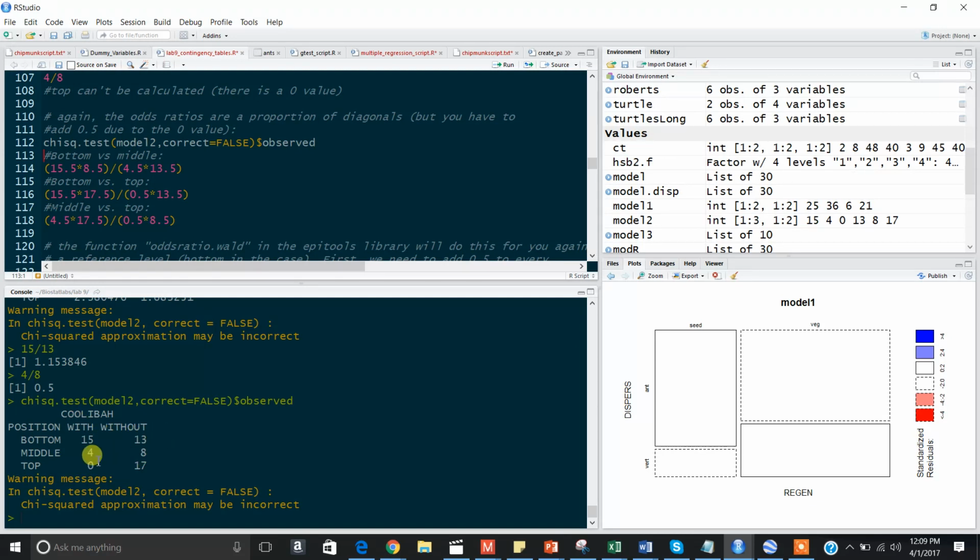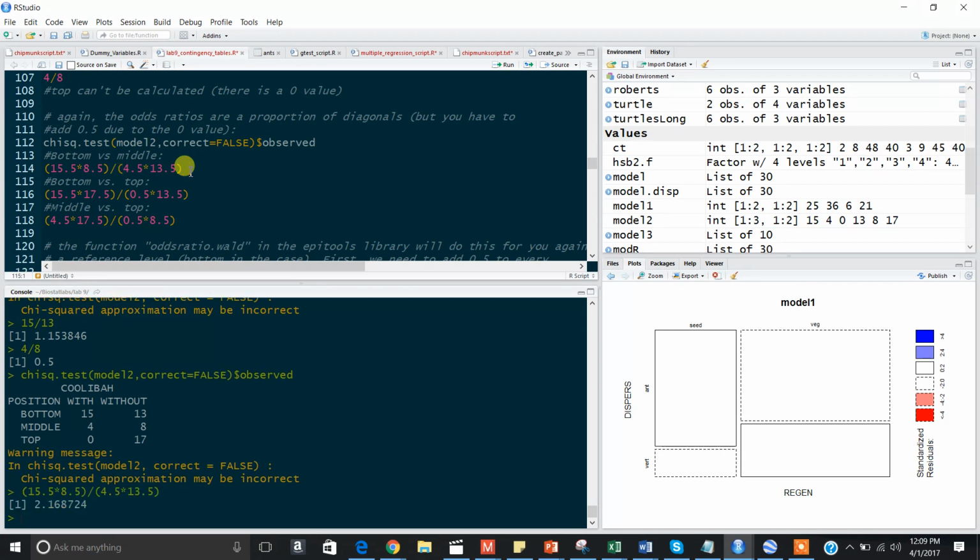So you're kind of making this cross pattern. Think of it that way. All right, so we're going to run that. Okay, so the odds of having tree decay in the bottom of the floodplain versus the middle of the floodplain is 2.17.